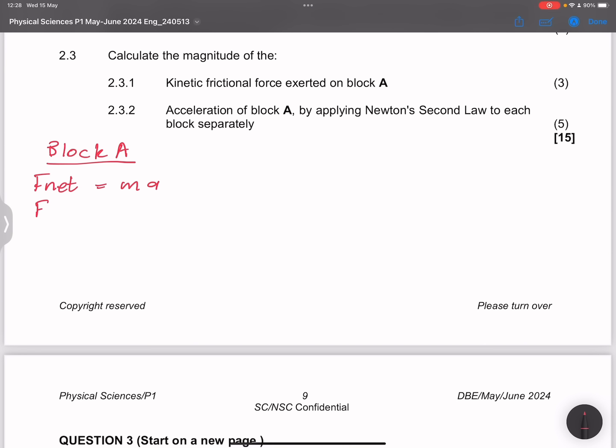So we're going to say this is FAx minus friction minus the tension, and this is equal to ma. FAx, that's going to be 49 cos of 50, remember that's the adjacent side, minus the friction, we said that's 0.93, minus the tension, which we don't know, is equal to 4.1 times a.